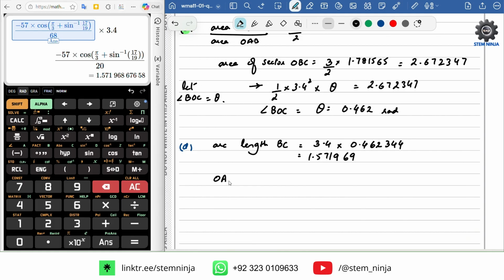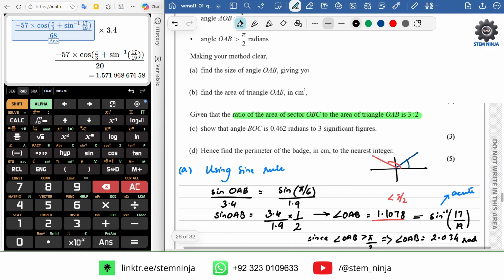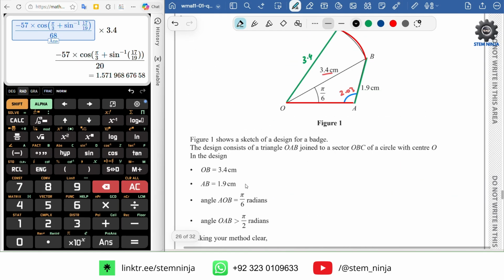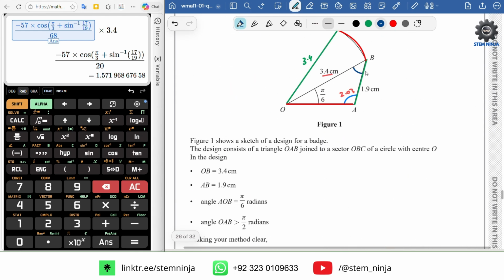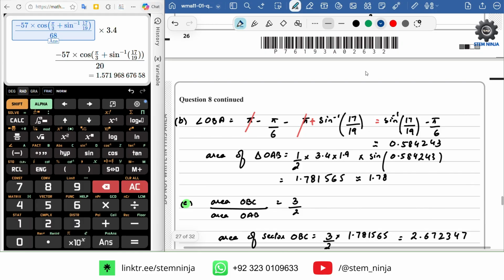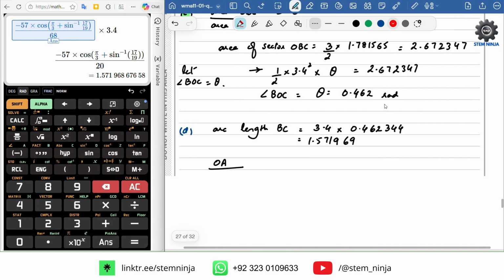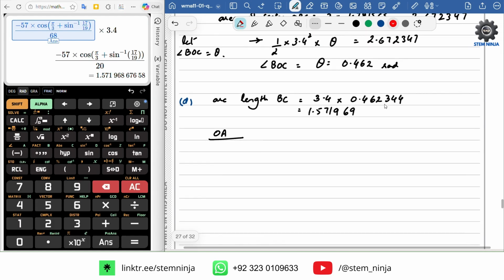Next up we need the length OA. So OA is opposite to this particular angle, which we found to be 0.584243. We found OB to be this particular angle. Or let's simply use the exact form.